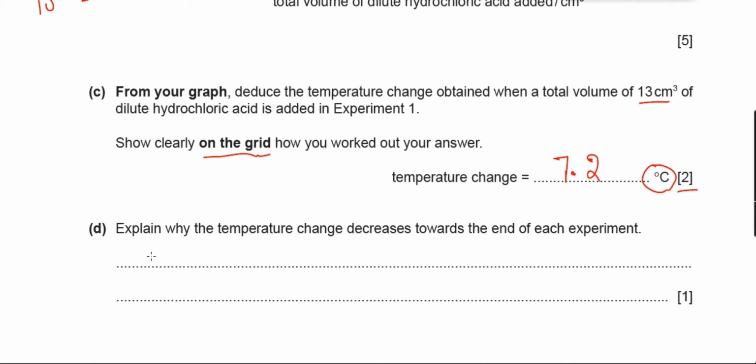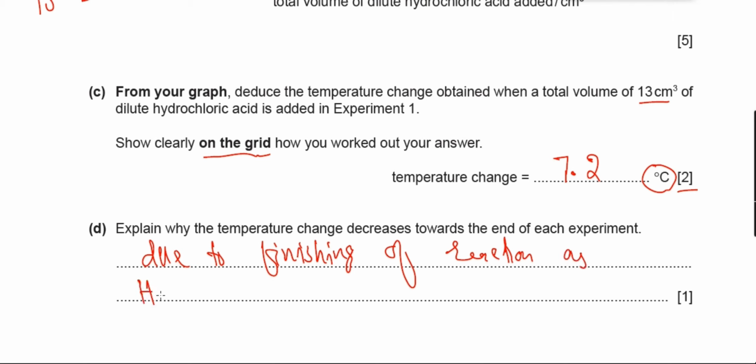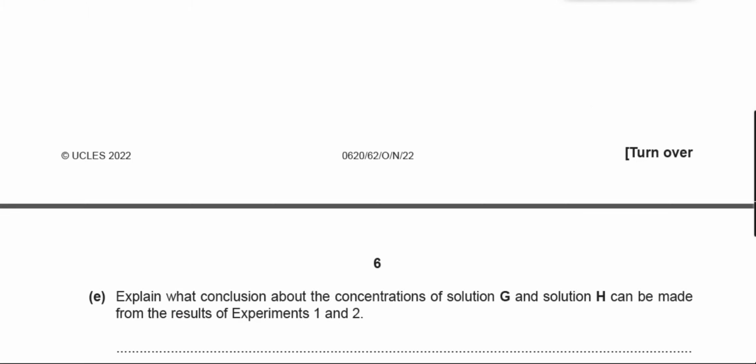Okay, so what we can say, due to finishing of reaction, as HCl, or you can say NaOH, used up. Okay, so either or the wording that gives the idea that the reaction is finished and the volume of NaOH is used up, whereas the volume of HCl is in excess, will be accepted. Okay, so keep that in mind.